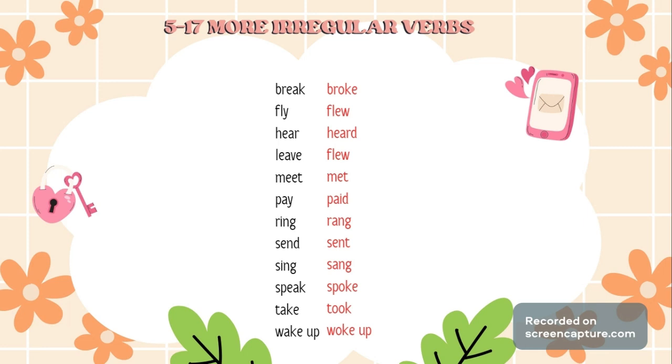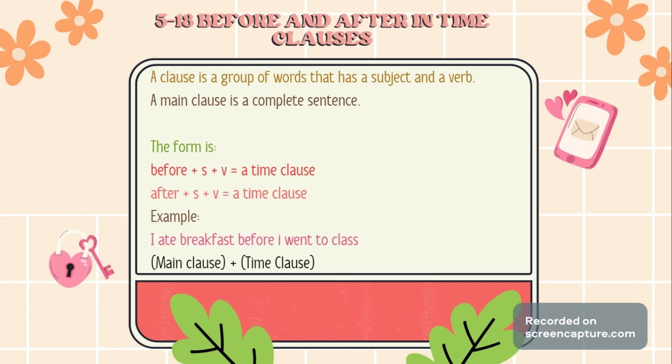And next, before and after and time clauses. So, what is a clause? A clause is a group of words that has a subject and a verb. A main clause is a complete sentence.